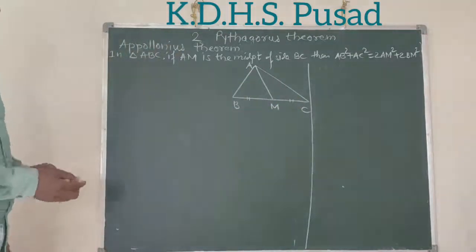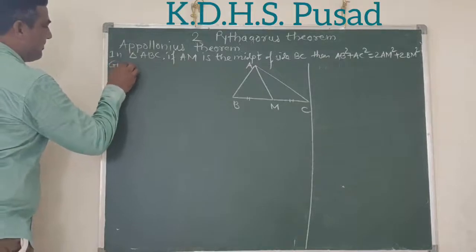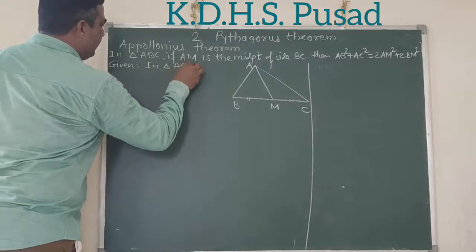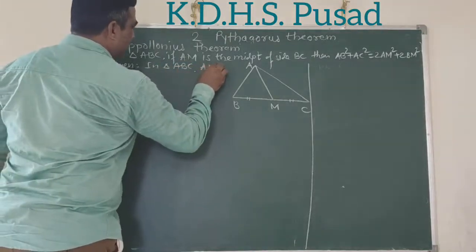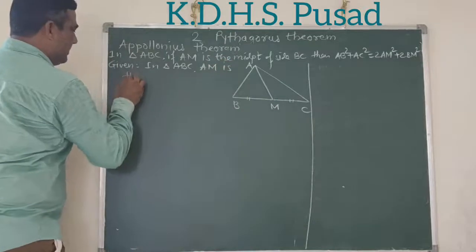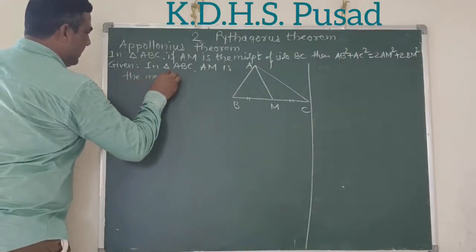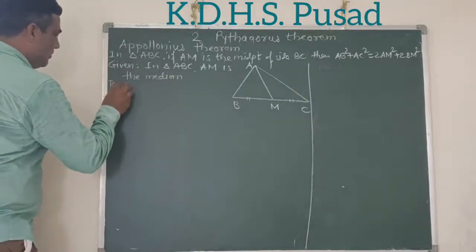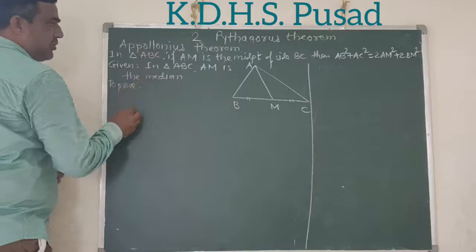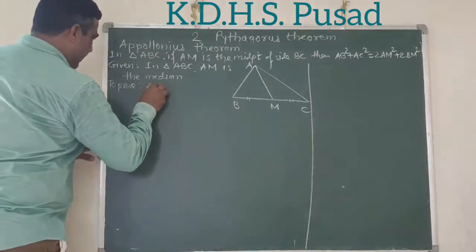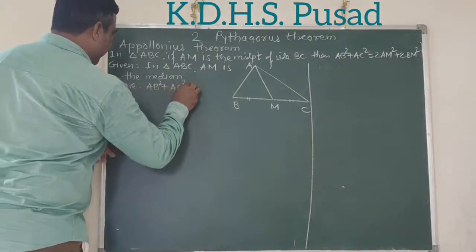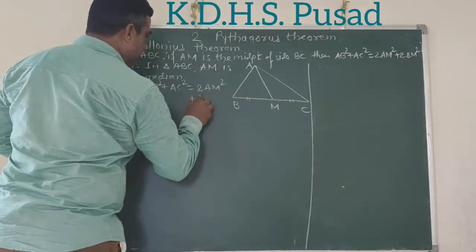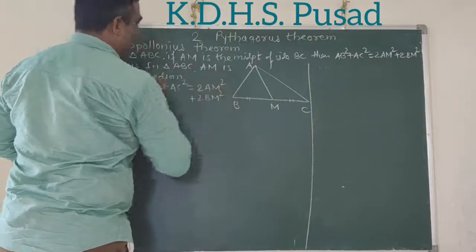So first of all, given: in triangle ABC, AM is the median. What do we want to prove? AB square plus AC square equal to twice AM square plus twice BM square.